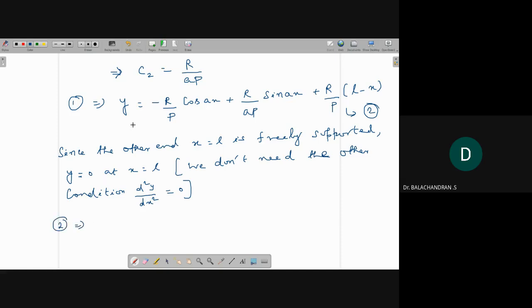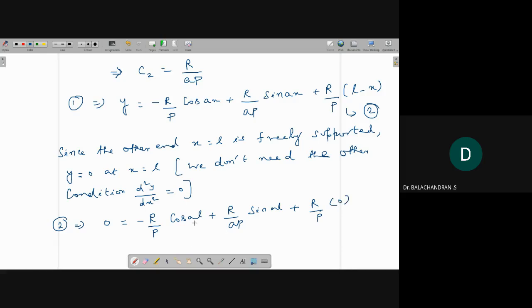Now equation 2 implies, y equal to 0 at x is equal to L. So 0 equal to minus r by p cos AL plus r by AP sin AL plus r by p into, x is equal to L means 0, this is 0.